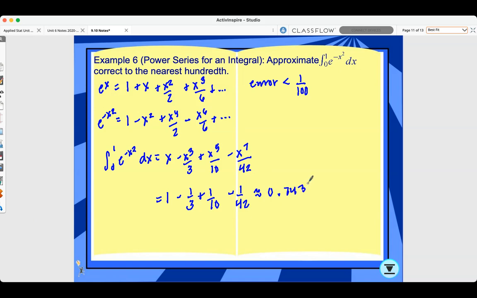So my error would be less than 1 over 216.